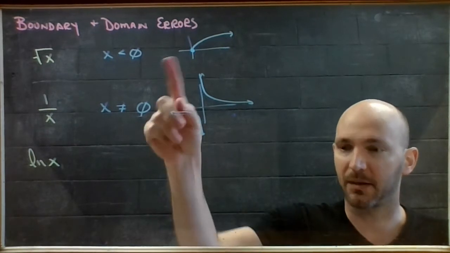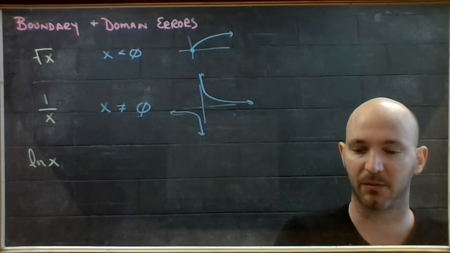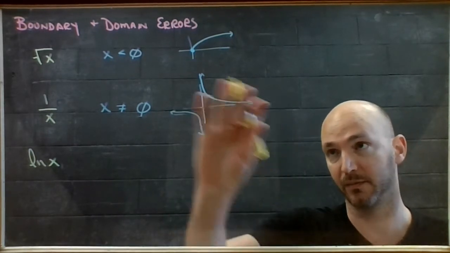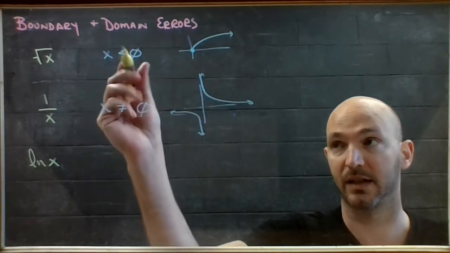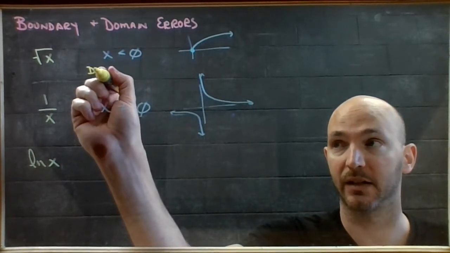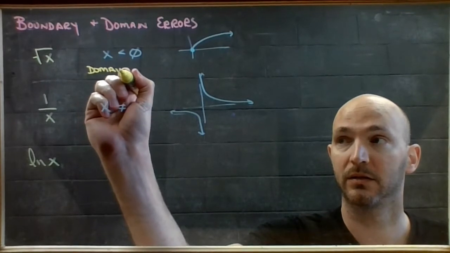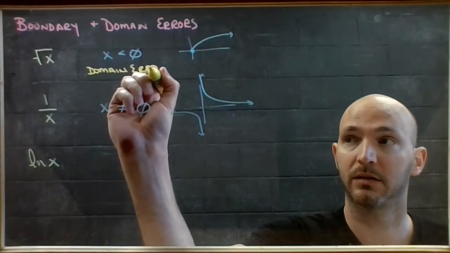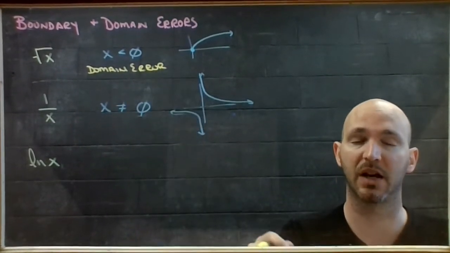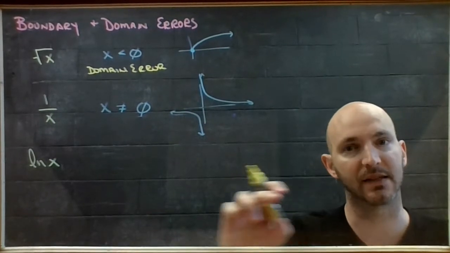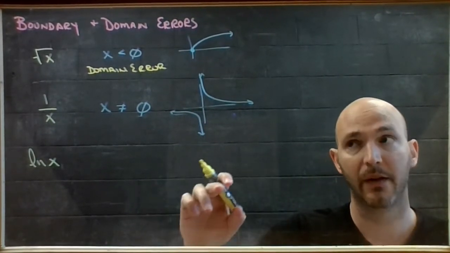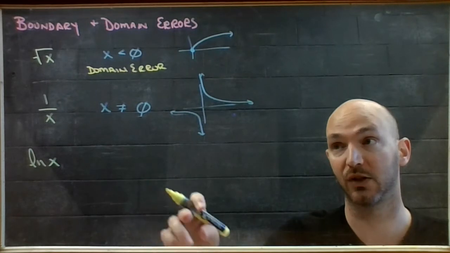So this thing up here, where you have multiple x values that don't work, is called a domain error. Now you've done domain and range before. Domain is a set of x values or a set of inputs into your function.